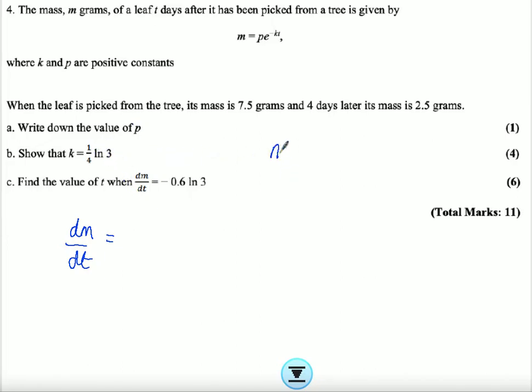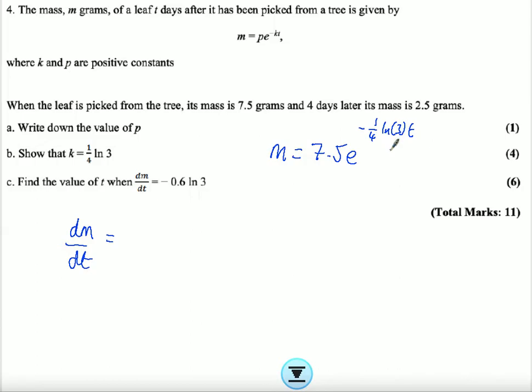So let's just tidy this up a bit. I say tidy it up, it looks a bit of a mess, doesn't it, really? e to the negative 1/4 ln 3 t. It's pretty disgusting, really. But exponentials, we like differentiating exponentials, so we're going to multiply by negative 1/4 ln 3, and then the exponential function stays the same.